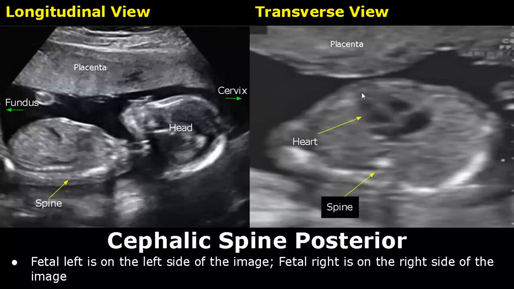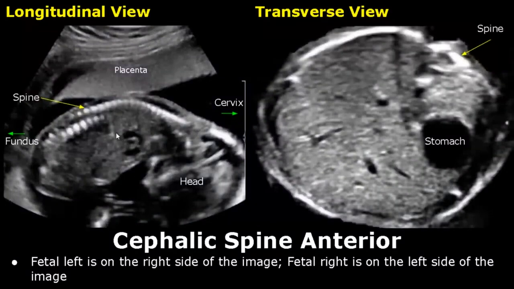The second orientation is cephalic spine anterior. The spine is oriented anteriorly. In the transverse view, fetal left is on the right side of the image and fetal right is on the left side of the image.